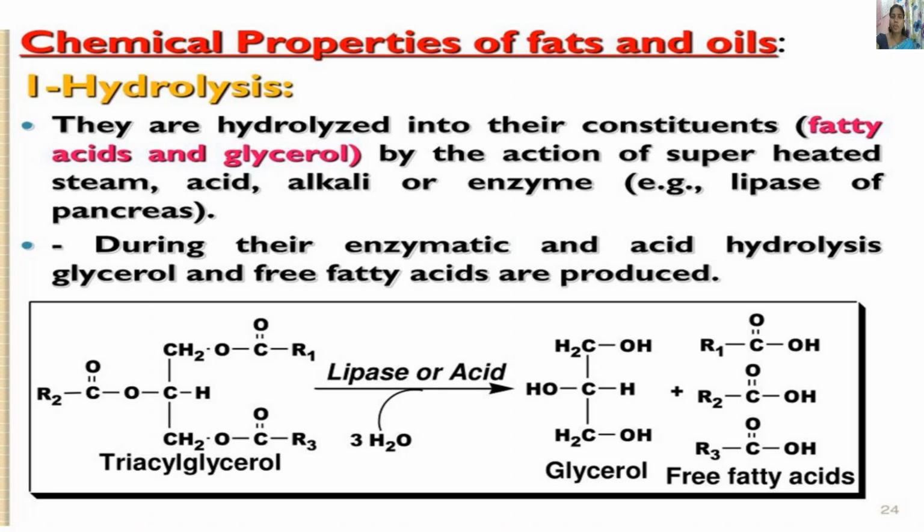Coming to the chemical properties of fats and oils, the first one, hydrolysis. Lipids are triacylglycerols. If they are hydrolyzed into their constituents by the action of heat, acid, alkali, or the enzyme lipase, they undergo hydrolysis to release glycerol and free fatty acids. During enzymatic and acid hydrolysis, glycerol and free fatty acids are produced.